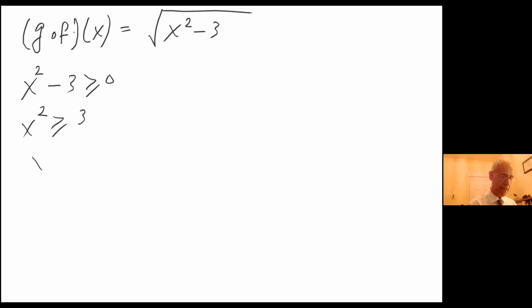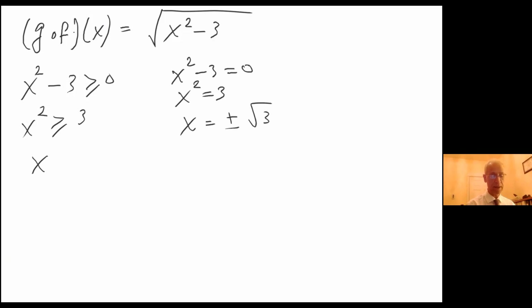And that means that x has to be, so if I want to find my critical points, if I say x squared minus 3 equals 0, I can say x squared equals 3 and x equals plus and minus square root of 3. So plus and minus square root of 3 are my critical points.